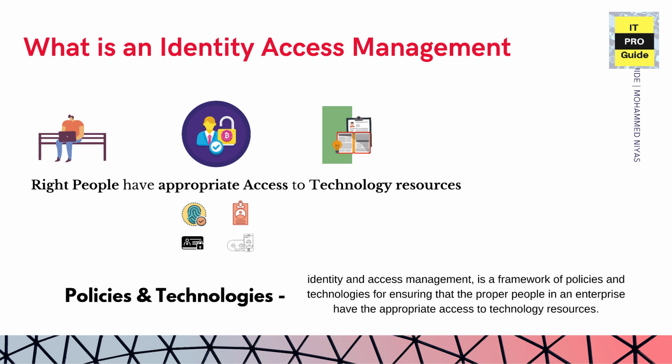In the very first video of this series, we discussed identity and access management. Identity and access management is all about right people having appropriate access to the technology resources. So policies and technologies to ensure that proper people in an organization have appropriate access to the technology resources.